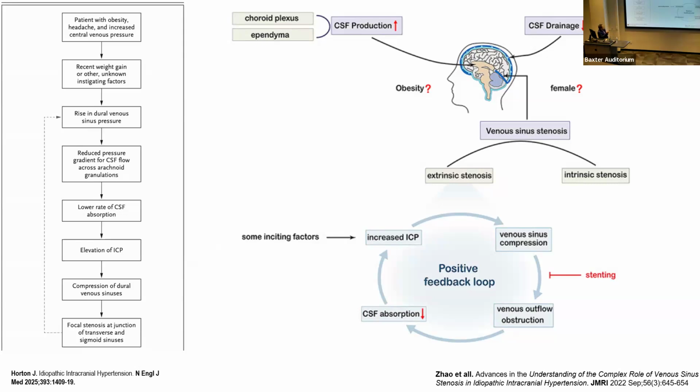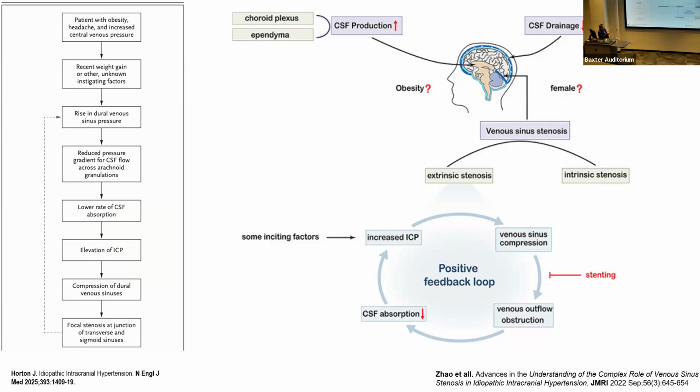That reduces the pressure gradient for CSF flow around the granulation. Any fluid goes where there is a low gradient, right? Like any fluid goes from a high pressure to a lower pressure. That's the usual way. But if you have increased pressure, then that's affected. That also decreases the rate of CSF absorption, and that produces an increased ICP.